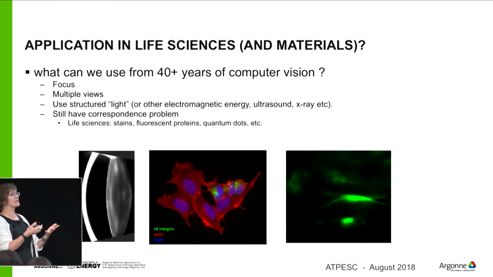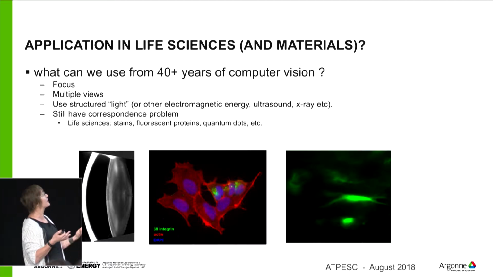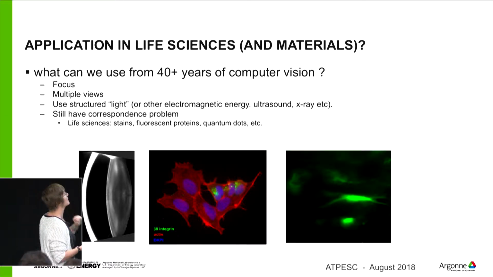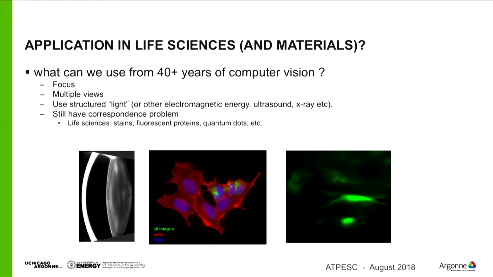So we can use focus, we can use multiple views at the smaller scales. We can use structured light. I'll allude to that very much at the end. And what's nice about working in this space is, unlike when you walk around a room with a camera or work in industrial settings, you can actually engineer your specimen.